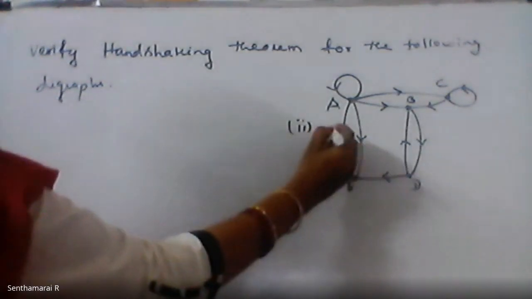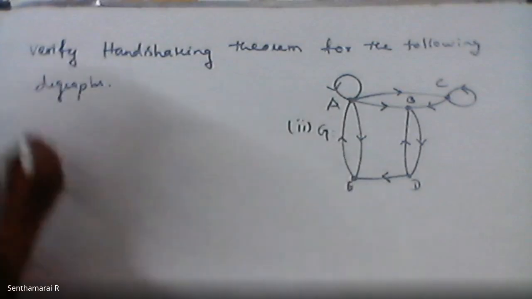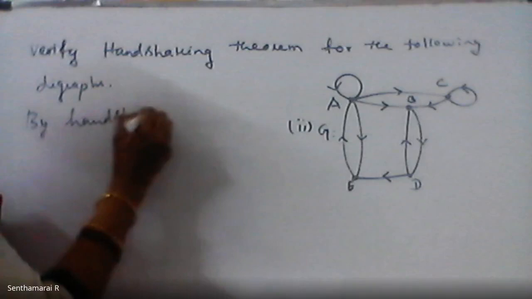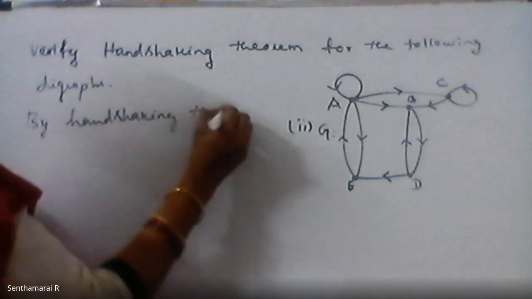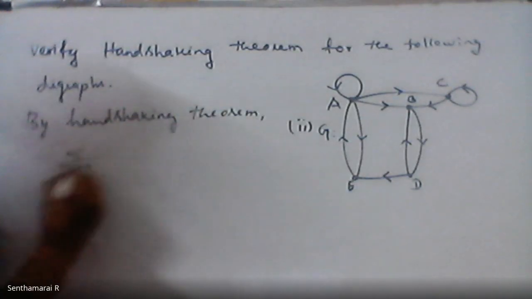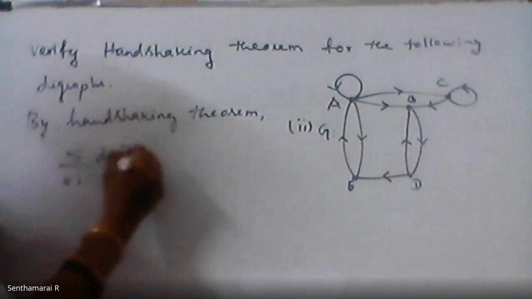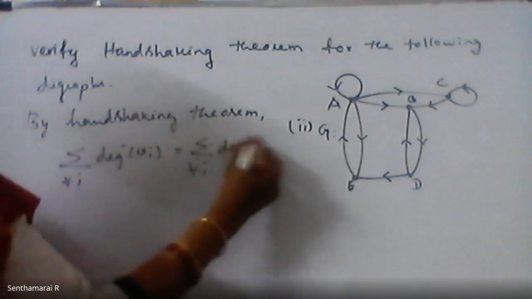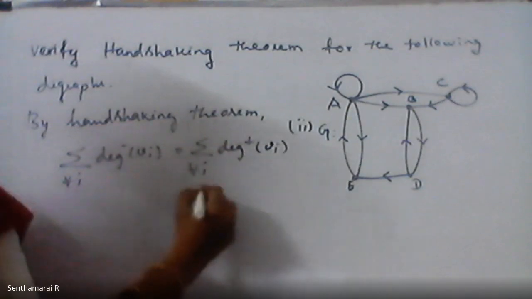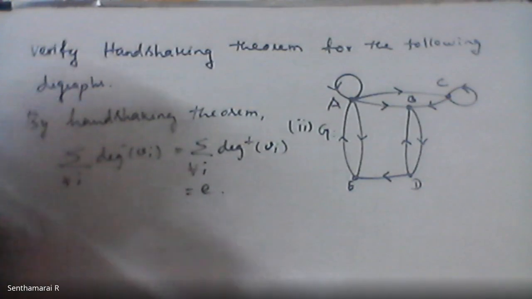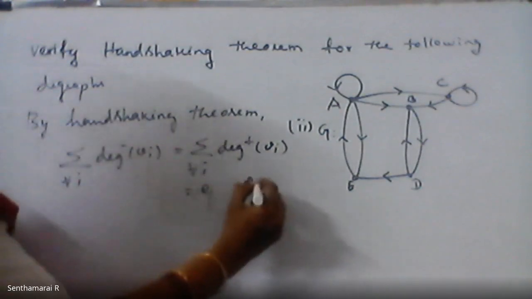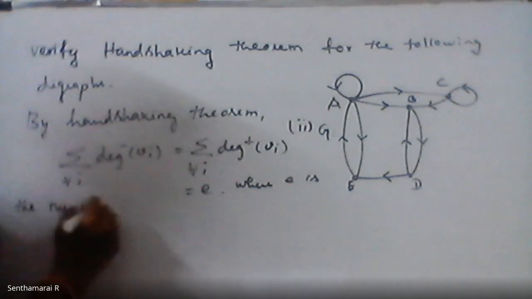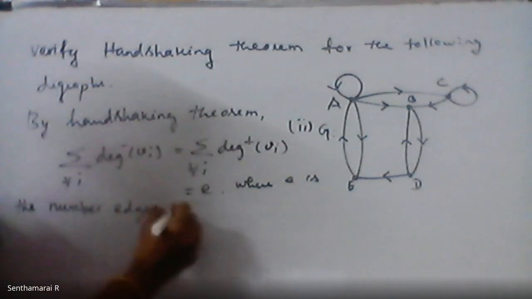We can denote it by G. By the handshaking theorem, summation over all i of degree minus of Vi equals summation over all i of degree plus of Vi equals E, where E is the number of edges in the graph.